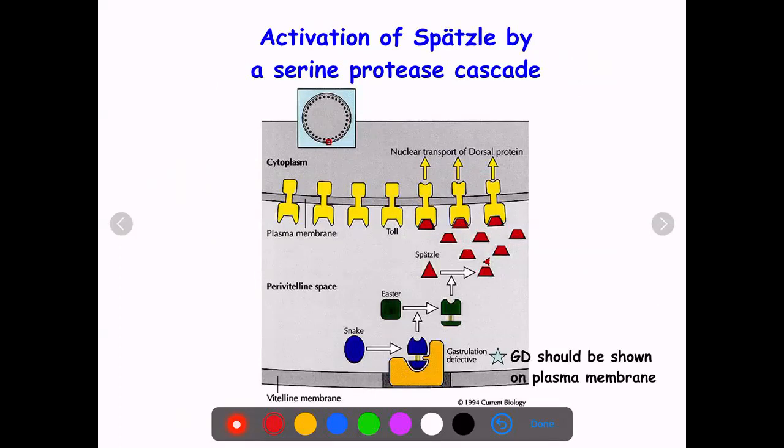Then active Snake will activate Easter, which is another protease. And when Easter is activated, it will cut a corner of Spätzle, and it's processed, and then it is the active form, so that it can bind to this Toll receptor on the surface of the oocyte.